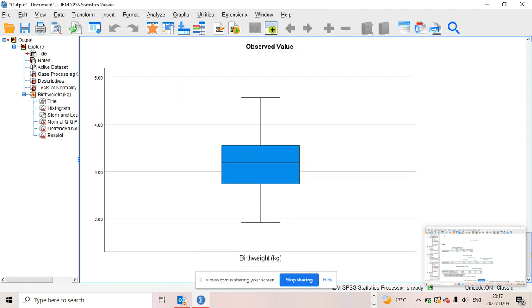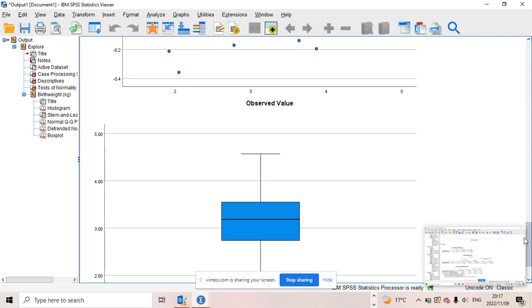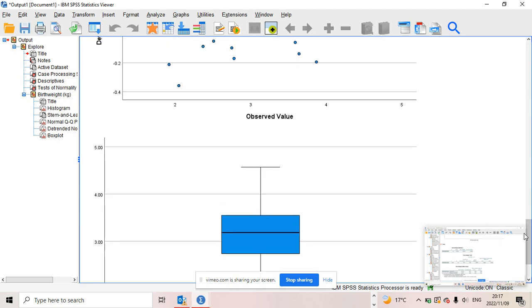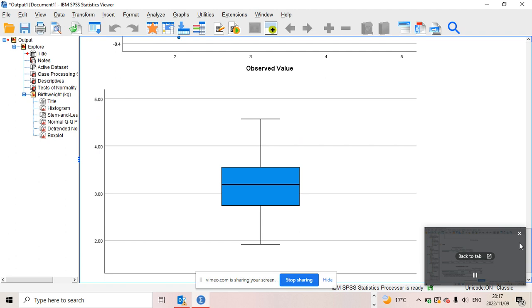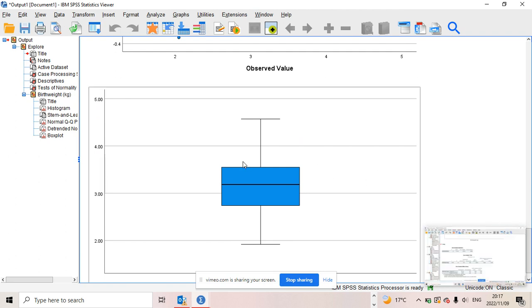Then let's look at the box plot, right? When you look at the whiskers, if it is normally distributed, the distance between the box and the whisker on the left will be more or less the same as the one on the right.